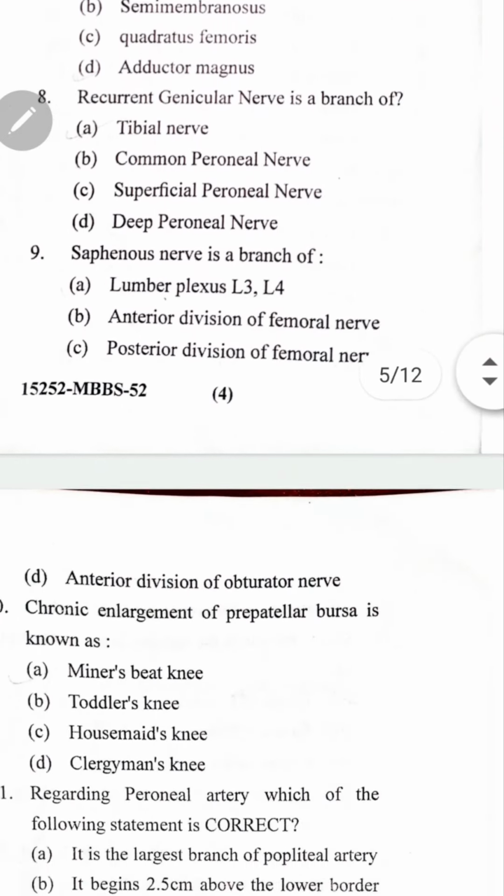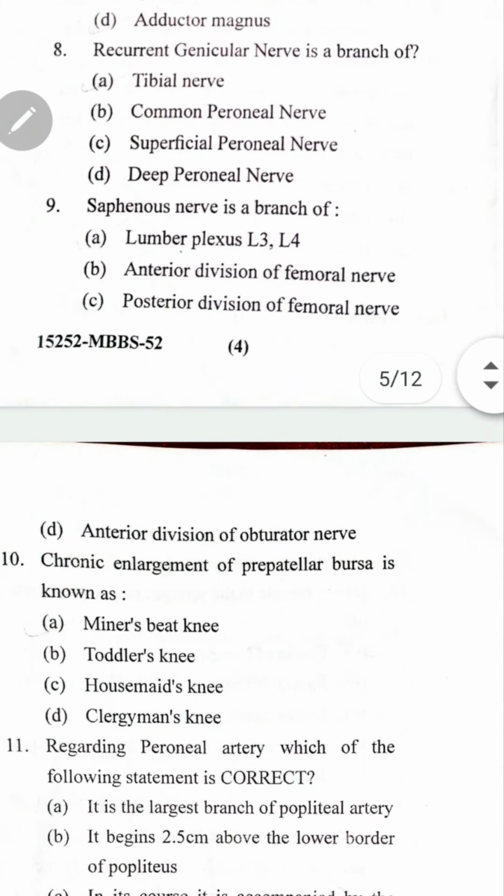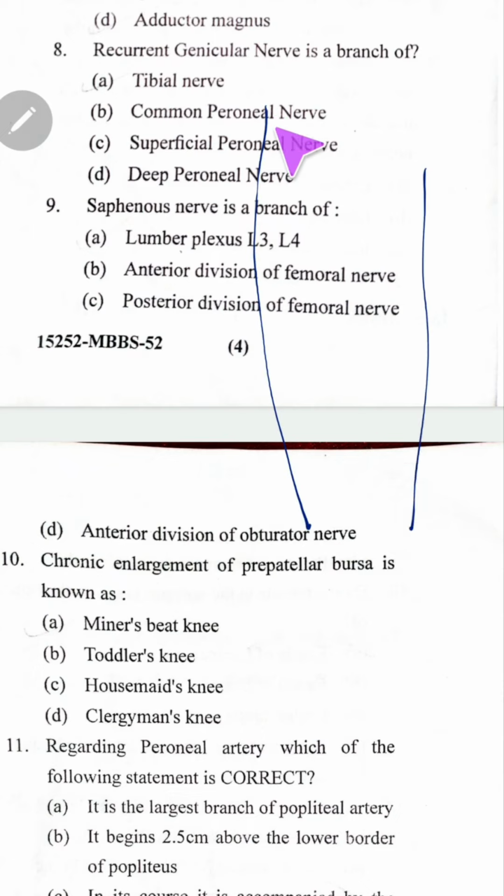Next question: the saphenous nerve is a branch of. Very easy, simple, common question. Remember the femoral nerve; let me explain this briefly. If this be the thigh, and there you have the ASIS, the pubic tubercle, and this is the inguinal ligament, you know that the femoral nerve descends below which point?